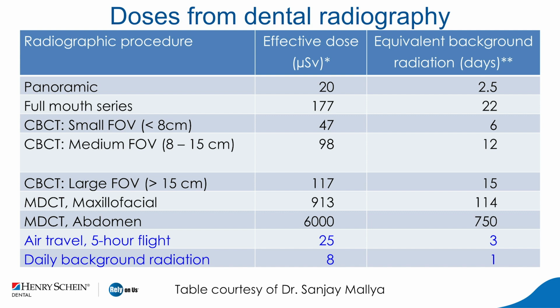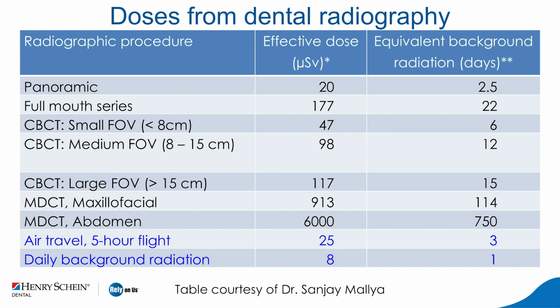So that's a nice table here from different dose again of dental radiology. So you see that a small field of view CBCT is around 50, like I said, medium around 100, and large around 120 microsievert. And if you take full mouth series, for example, and you don't have rectangular collimation, you use circular collimation. How do you know if you have rectangular? Well, the shape at the end of your cone should be rectangular.